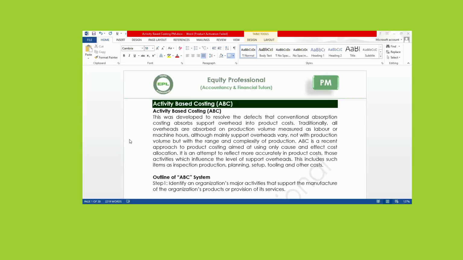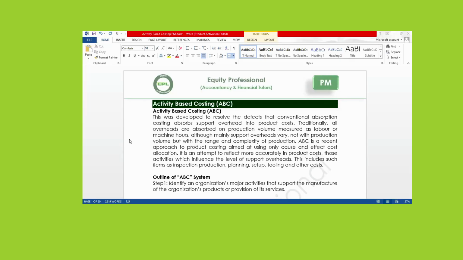Let us assume Nigerian Bottling Company has rented a factory. Annual rent is 5 million. At that factory, the Nigerian Bottling Company manufactures Coke, Fanta, and Sprite. And we have incurred factory rent of 5 million.